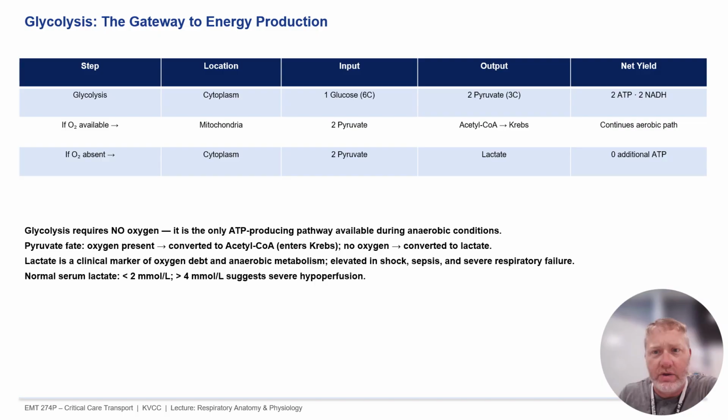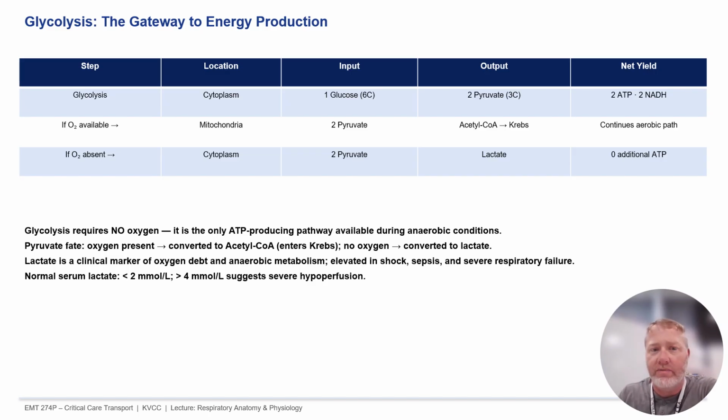Let's go through each of these phases, and I won't go on too long about them because they're more just FYI. So glycolysis, that's the first stage of energy production and the only stage that doesn't require oxygen.